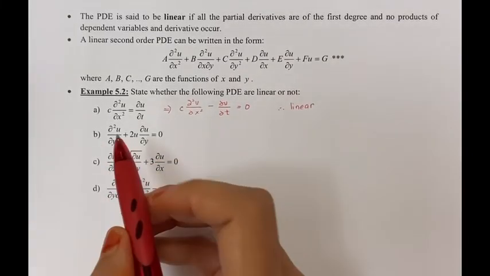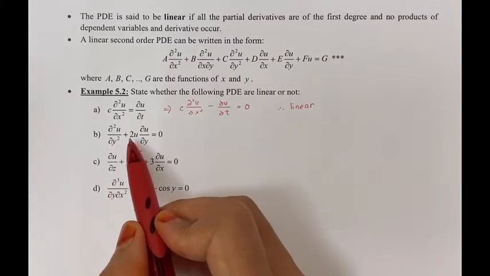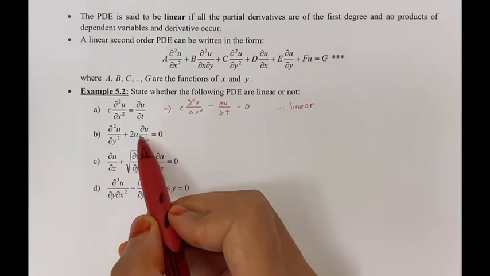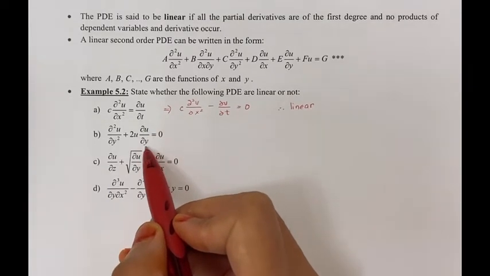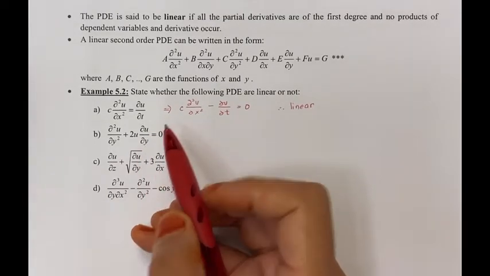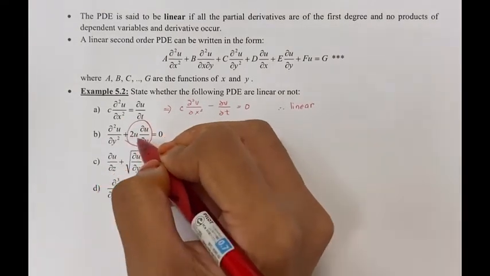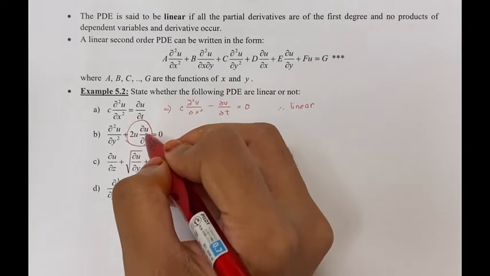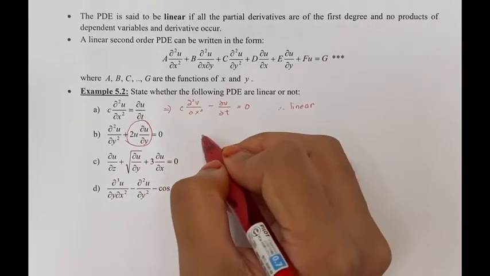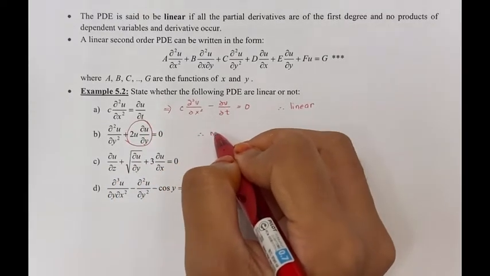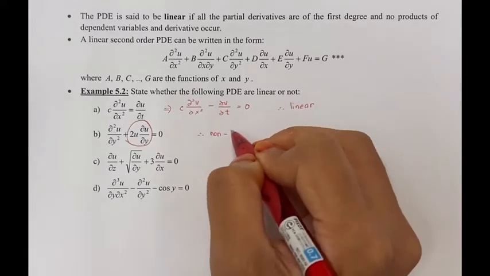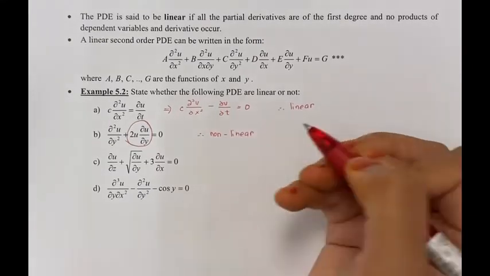And then for B, ∂²u/∂y² plus 2u ∂u/∂y equals 0. Since you have a product of your dependent variable, u is your dependent variable, multiplied with the derivative, this is not linear, it is non-linear.